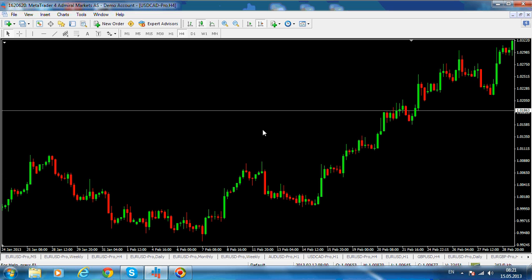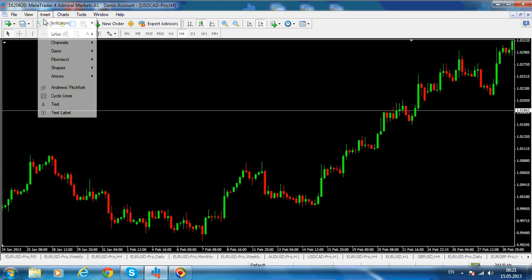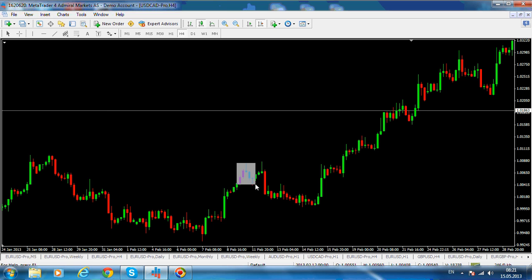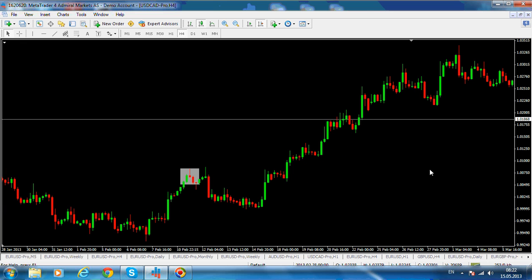So this is an evening star formation. It comes after a market advance. You have a strong green real body, then a small real body for the candle in the middle, and then the red candle comes and pushes to the downside, well into the body of the previous green candle.